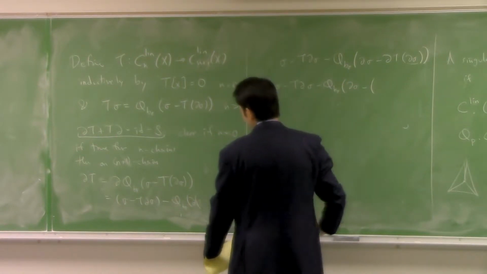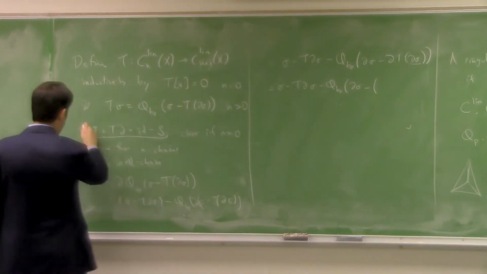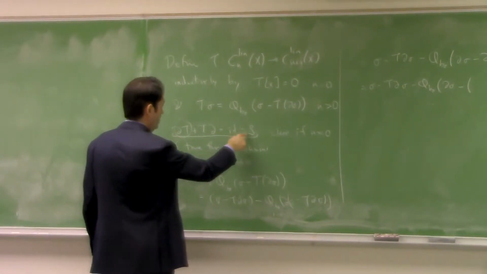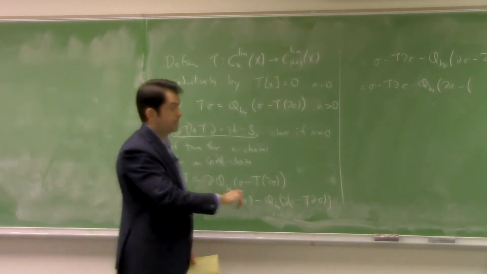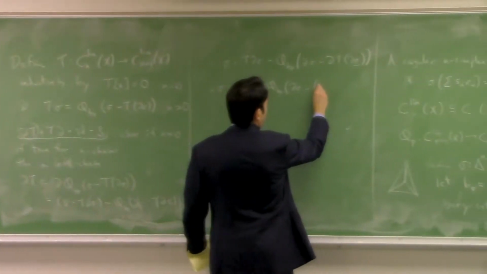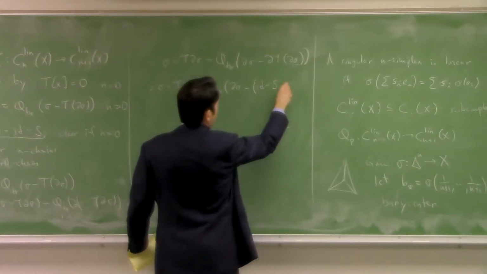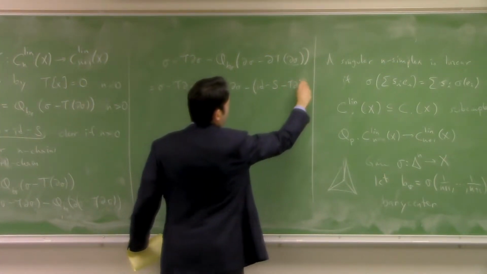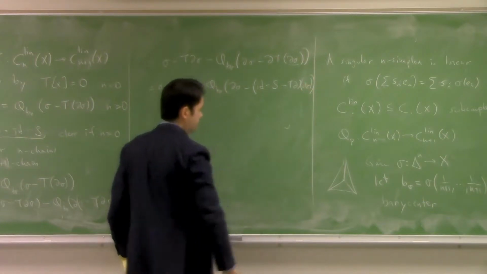So boundary T is equal to identity minus S minus T boundary. So identity minus S minus T boundary, all of that applied to boundary sigma.